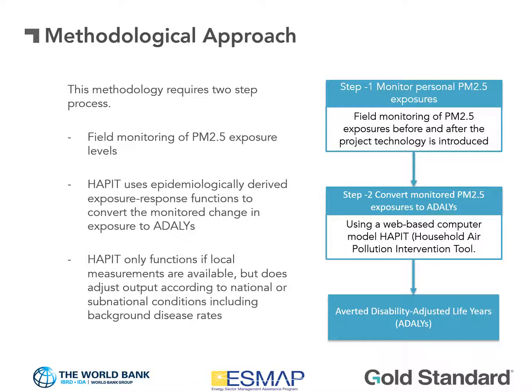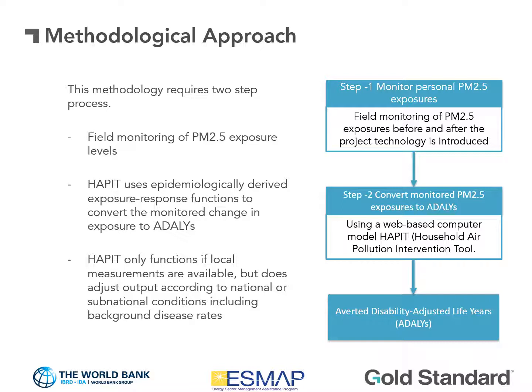So essentially the exposure level before the project is fed into HAPIT, which then uses epidemiologically derived exposure response relationships to convert the exposure level into a number of disability adjusted life years.